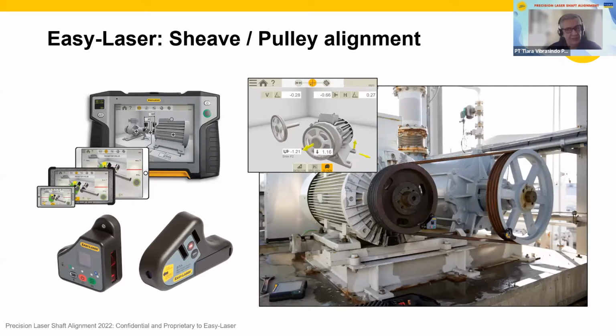All the others that you can find on the market refer to a printed scale on the receiver that the technician, the engineer, still needs to read by themselves. So here you find an alignment technology applied for sheaves or pulleys, where we have, besides the laser, also a receiver that measures with an accuracy of 1/100th of a micron.